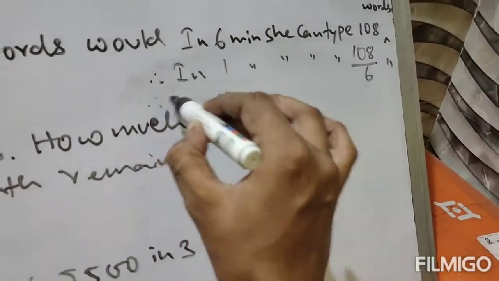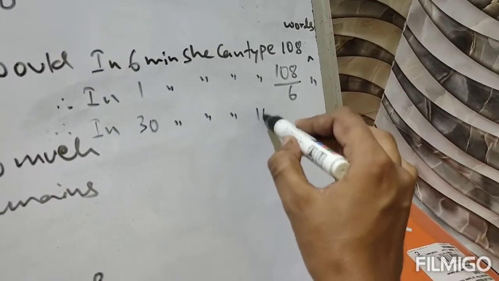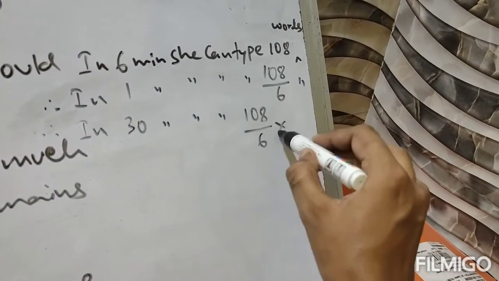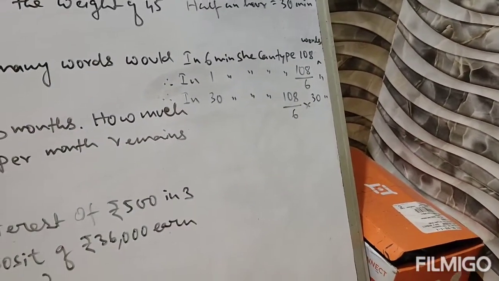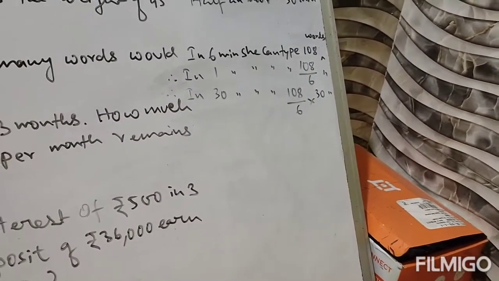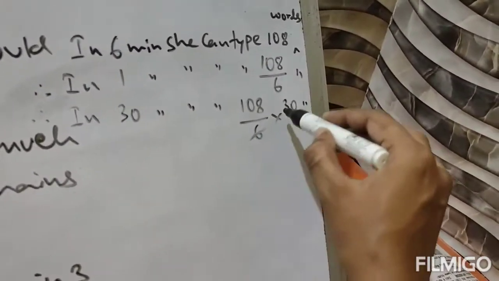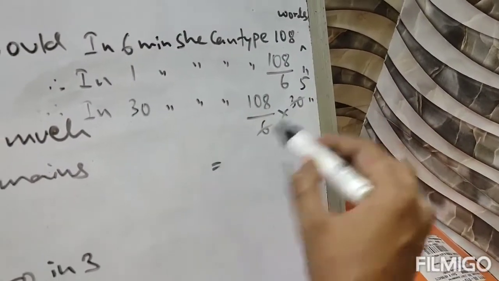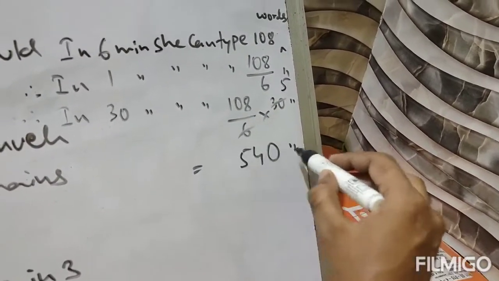Now find in 30 minutes how many words she can type. 108 by 6 into 30 words, because if in 1 minute she can type 108 by 6 words, then in 30 minutes she will type more words. So more means multiply. Now reduce, 6 5s are 30. Now multiply: 540 words.